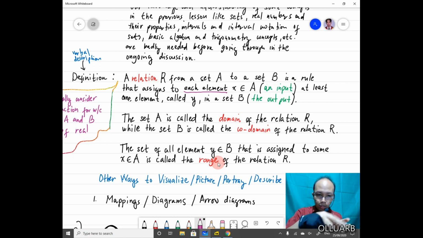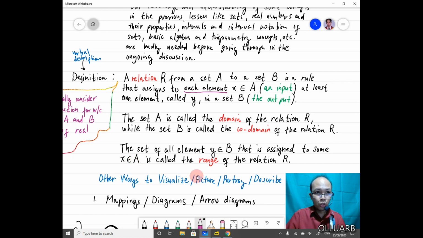Notice the set A is the domain and the set B is all the contestants, but the range has only one element, which is contestant number 1, because it says here it is the set of all elements y that is assigned to the objects in the domain.